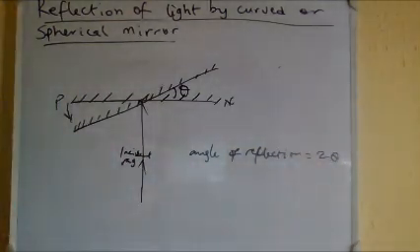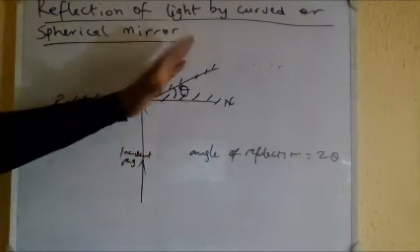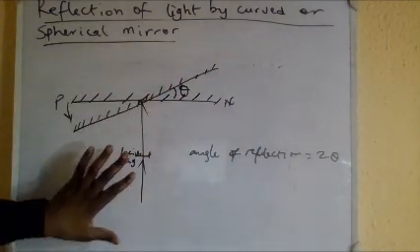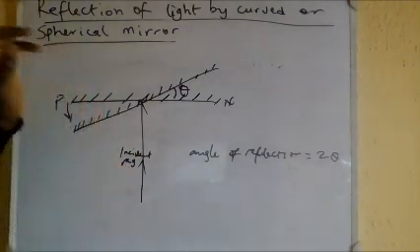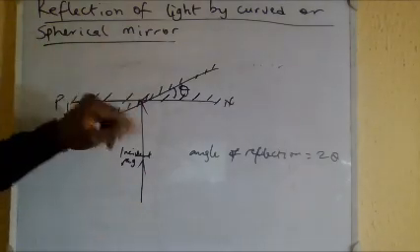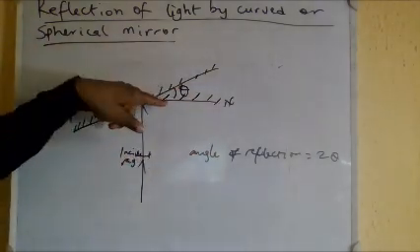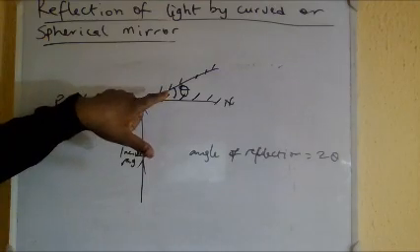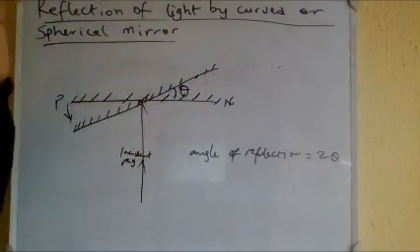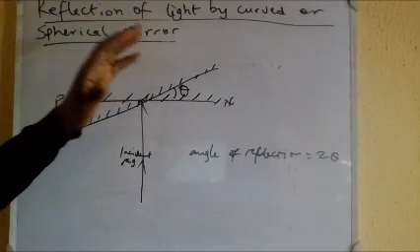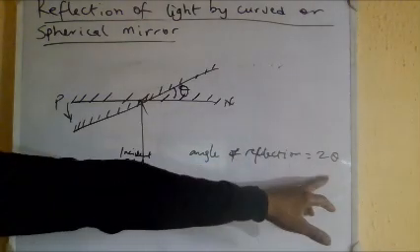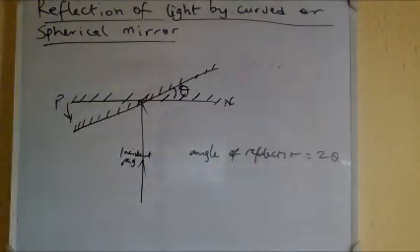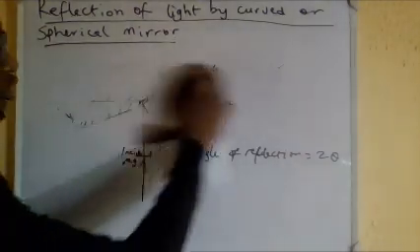So whenever there is a tilting of the mirror, if the incident ray has a constant direction and the mirror is just rotated through an angle theta, the reflected ray is rotated through an angle 2 theta. That's why we have it like this, 2 theta. Okay, so having considered that, let's go to the meat of what we have for today.